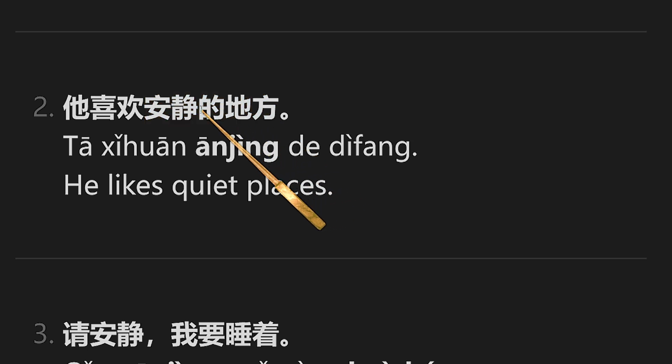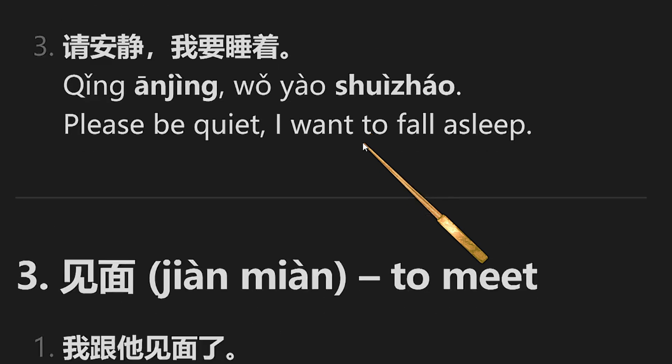We need 的 to connect them. So places which are quiet. Quiet places. 对. 他喜欢安静的地方.